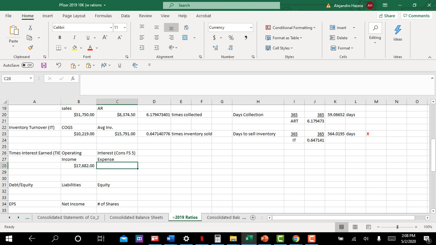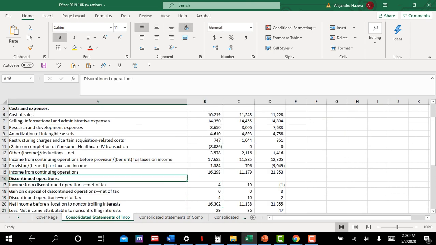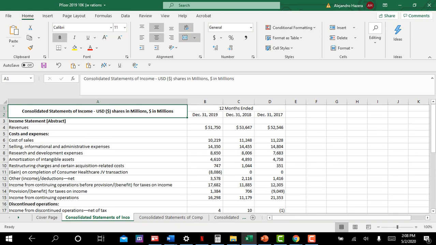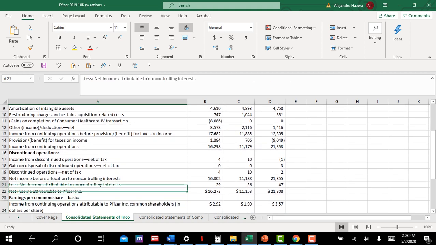Now your interest expense. I want to show you something that becomes a bit of a nuisance in some income statements. Notice that there is no interest expense on this income statement.